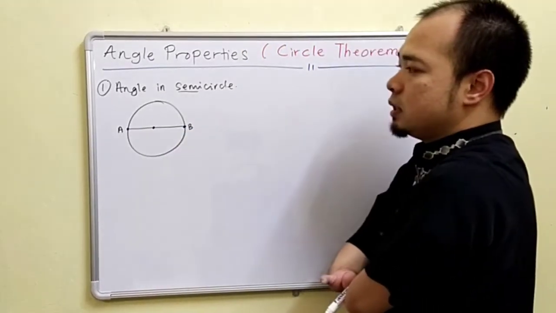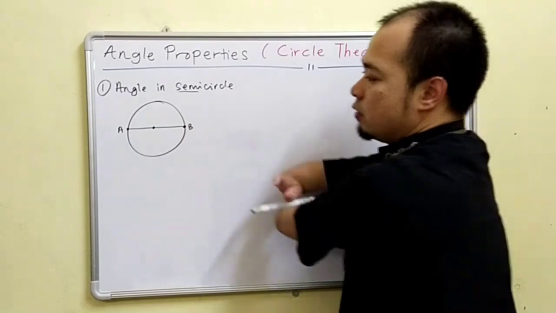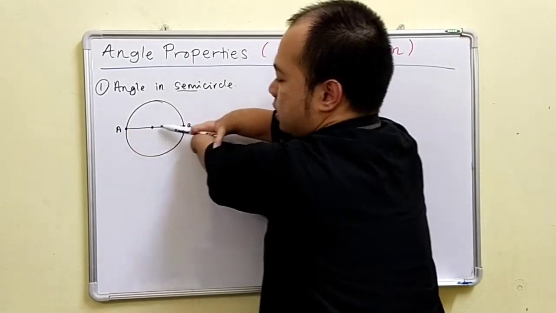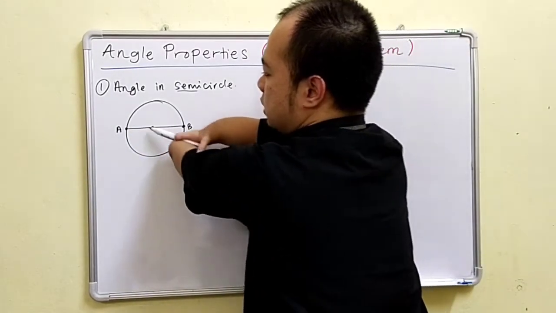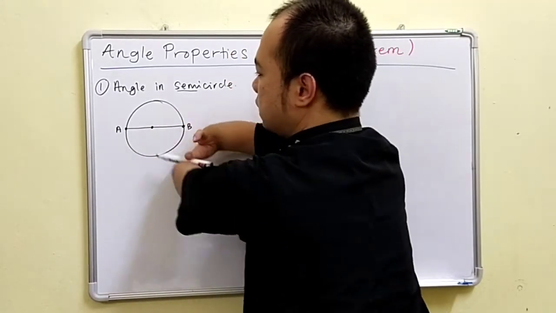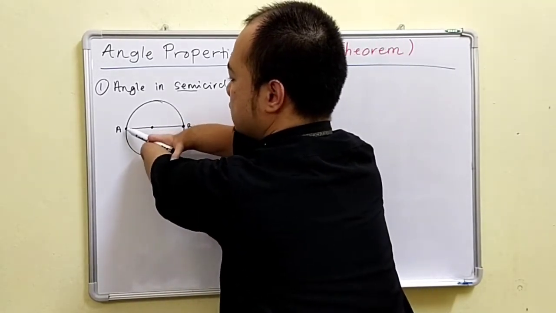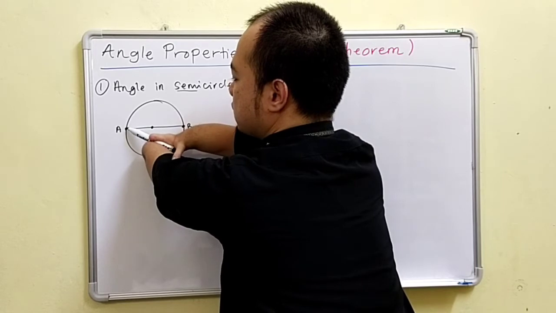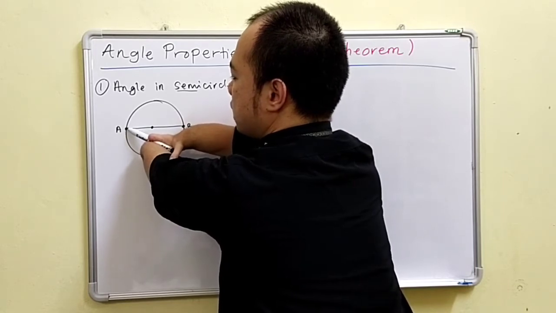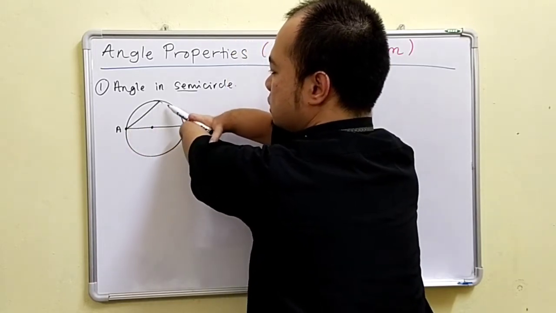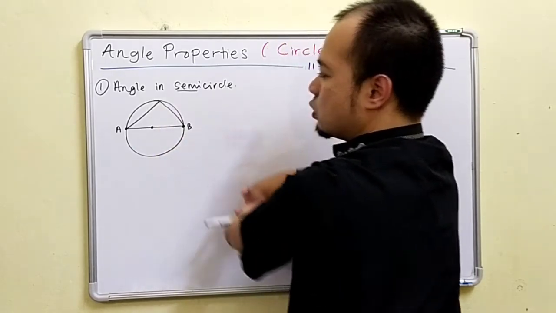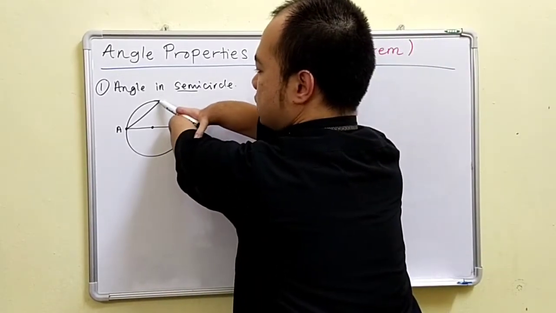The first property says that if you have one diameter in the circle, and I want to make a triangle, let's say I project from here until it touches the circumference, then go back to B. I say point C is here.